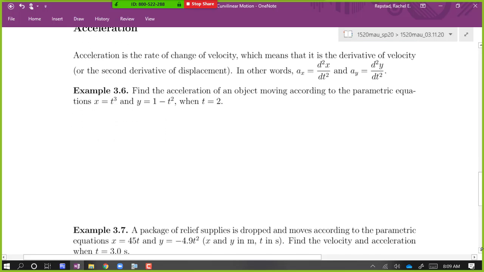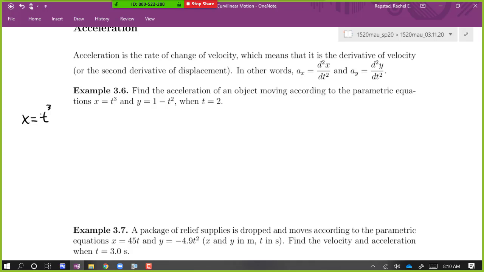So in example 3.6, they give us a pair of parametric equations. And we want the acceleration when t is equal to 2. They didn't give us any units here, so our answer will be unitless. But getting started is just like getting started with the velocity problem. I need these components, and I'm going to find them by differentiating with respect to t.